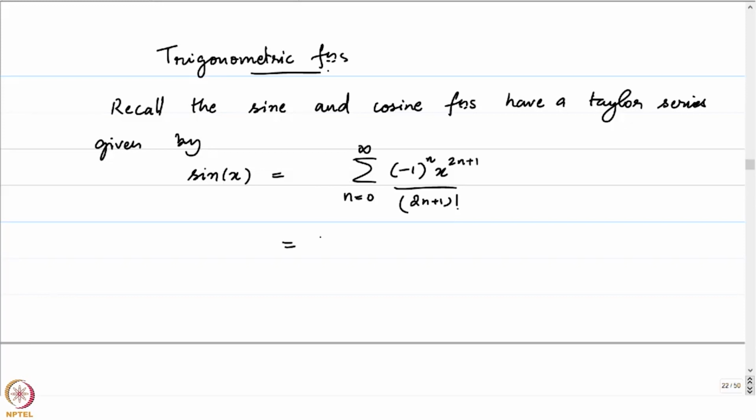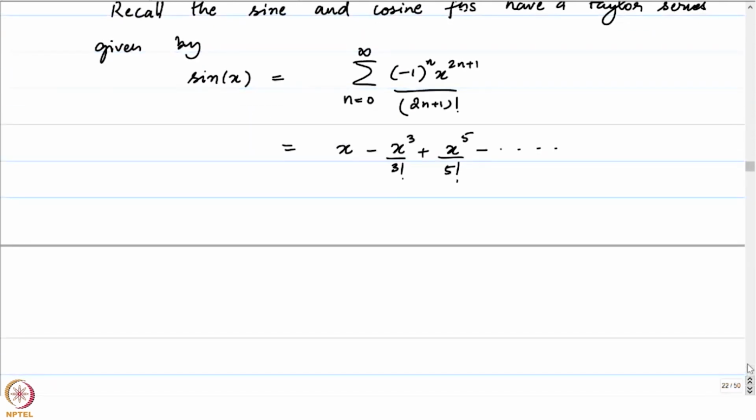So this is x minus x cubed by 3 factorial plus x to the power 5 by 5 factorial and so on. We also have a Taylor series expansion for the cosine function.